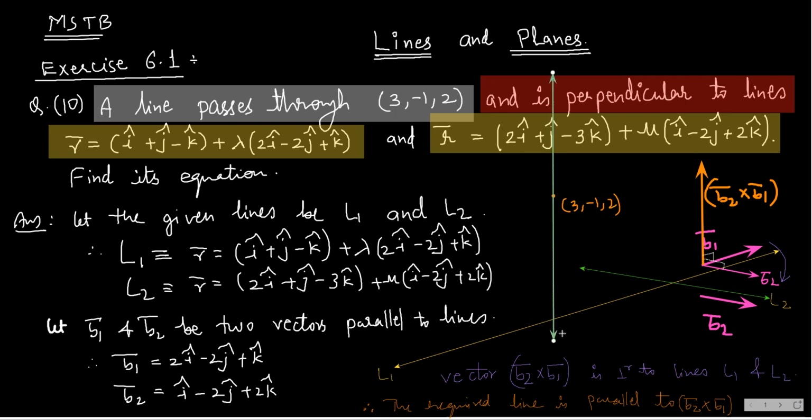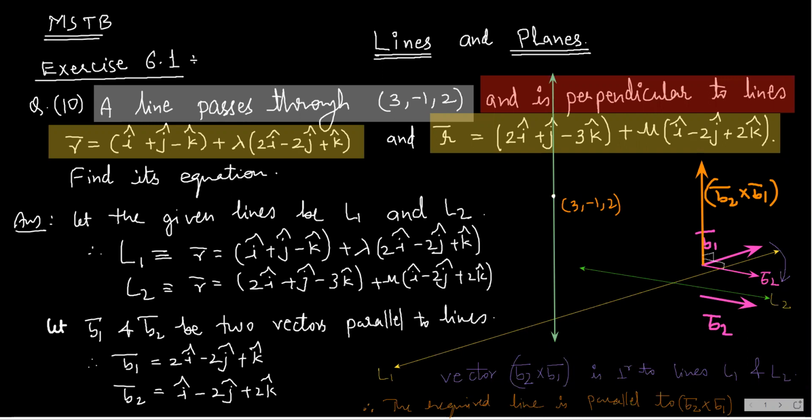Okay, this is the required line. So what are the things that we have now? I have a point on the line. If you want to find the equation of a line, you need one point on the line, which you have. You need the direction of the line, that is, a vector parallel to the line, which is B2 bar cross B1 bar. So now we will find B2 bar cross B1 bar.